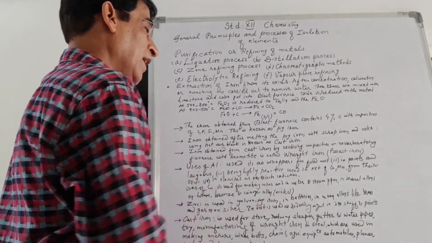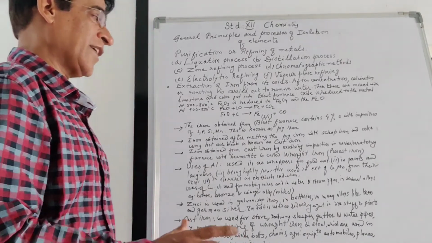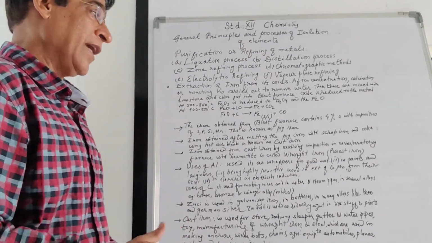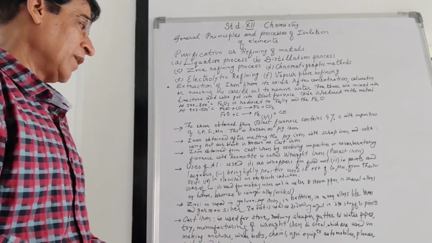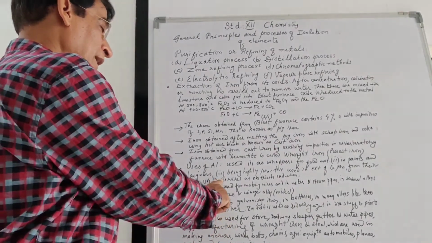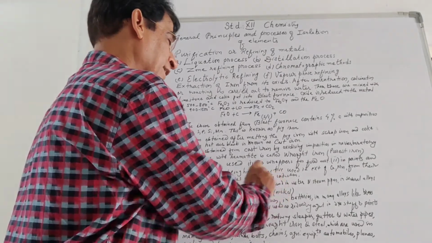Third, being highly reactive, aluminum is used in extraction of chromium and manganese from their oxides. And fourth, in electrical wires as electricity conductors.